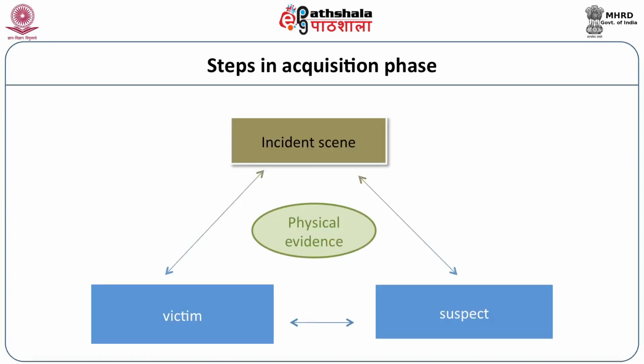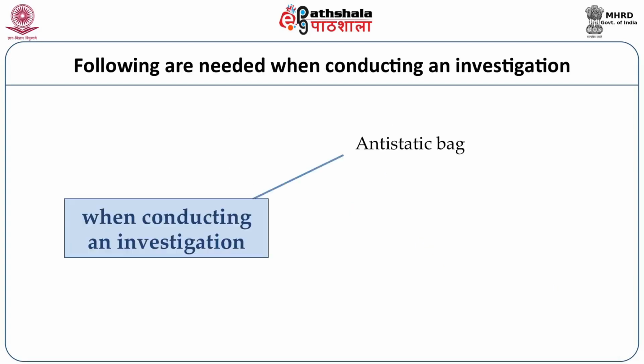This diagram shows physical evidence. There is a cycle between victim, suspect, and incident scene, saying that the suspect has attacked the victim, and for that an incident scene can be created. Once the crime has been done, some investigation needs to be conducted.